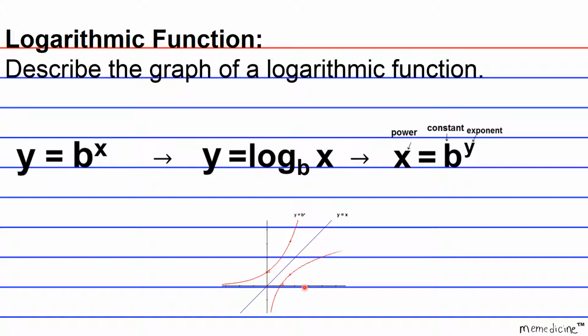And that's when we get our graph of the log. So this is what the graph looks like. It's just a flip of the exponential function y equals b to the x over the line y equals x.